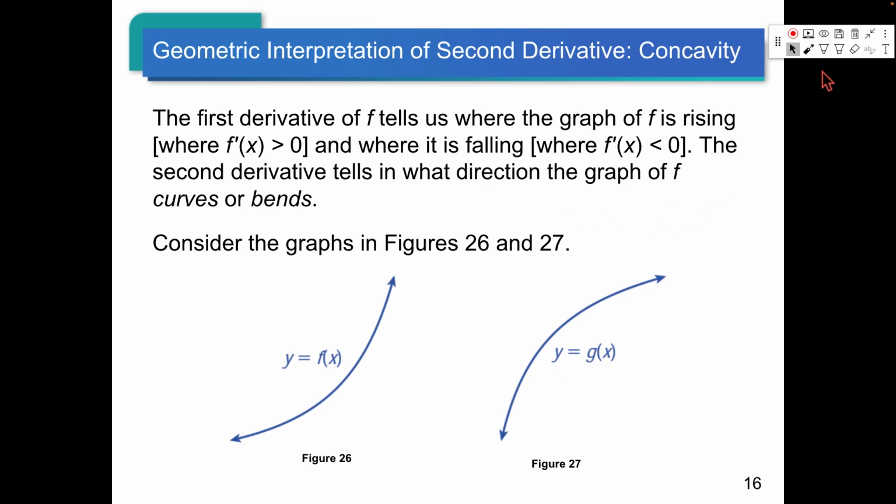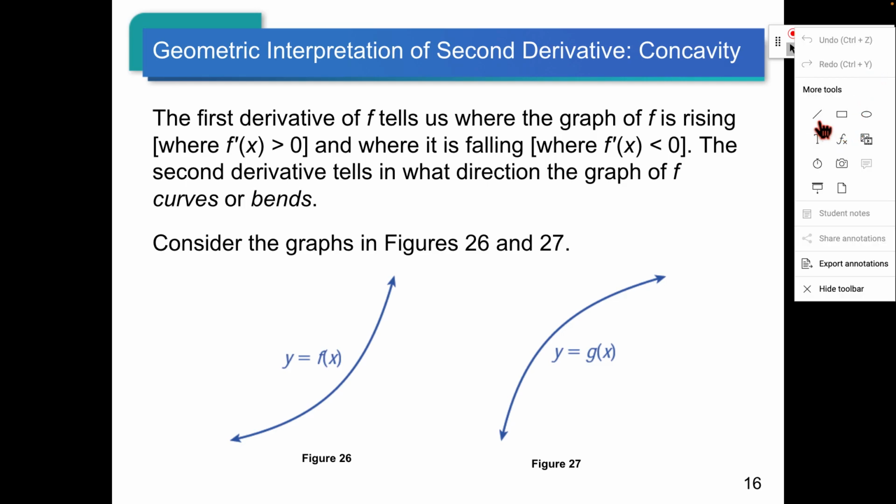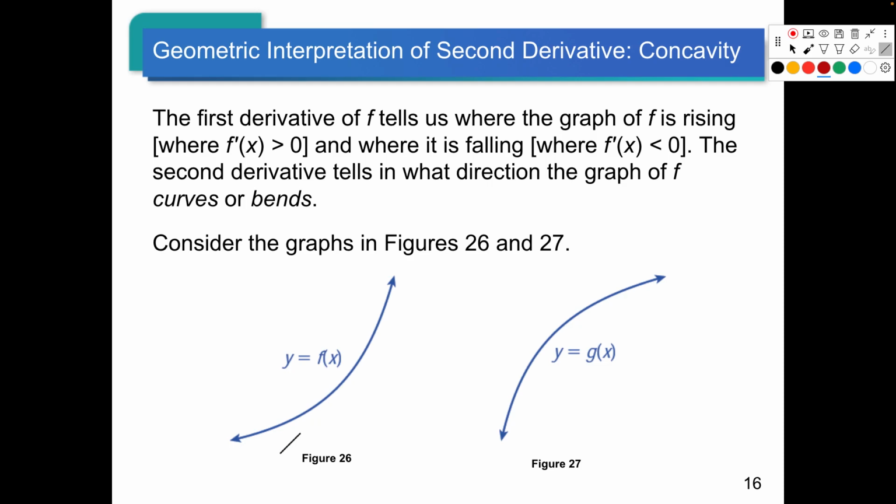And the way we can think of this is, let me see if I can do this well. If we were to draw a tangent line down here, and then compare it to a tangent line up here, the second tangent line is steeper than the first. Its slope would be bigger, right?